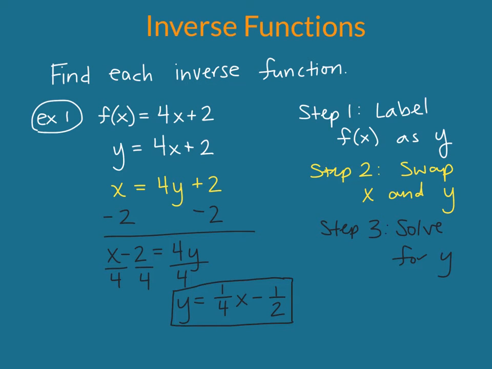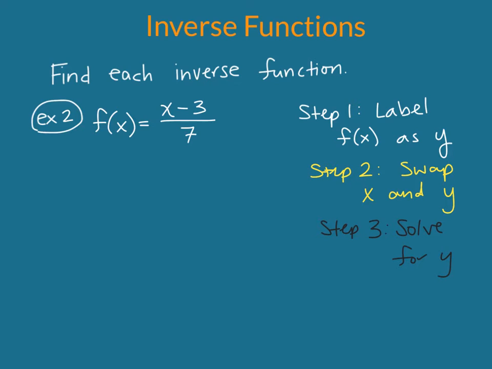Now, instead of writing y, since we started with f of x, the way that we write the inverse is f inverse, f negative 1 of x. That is just inverse notation.